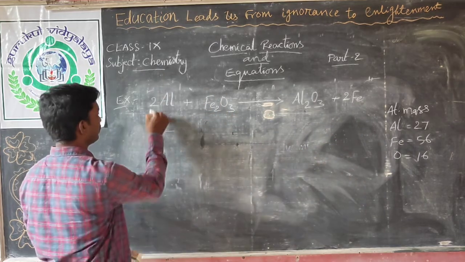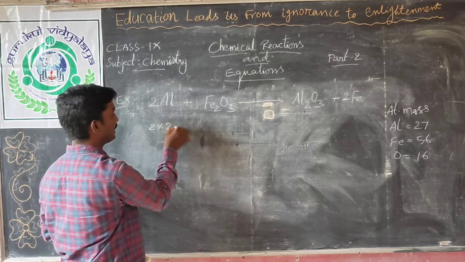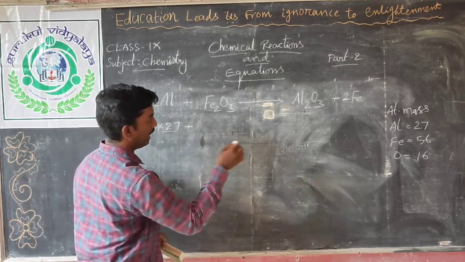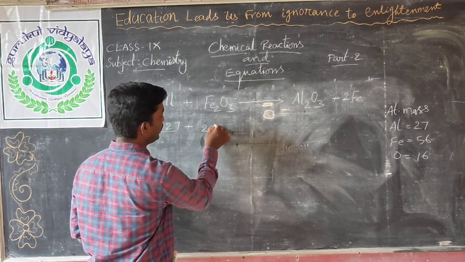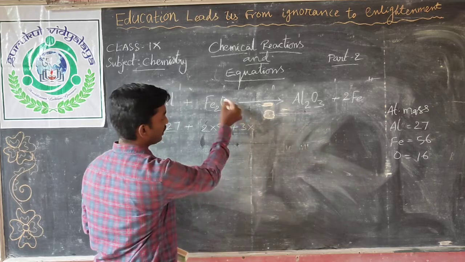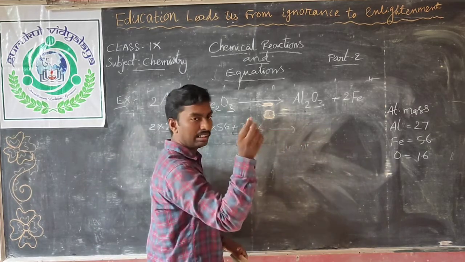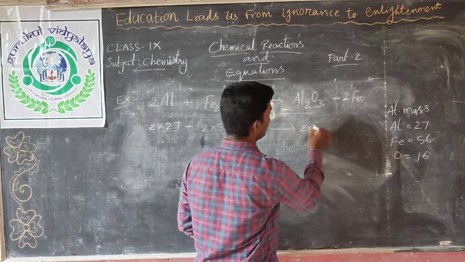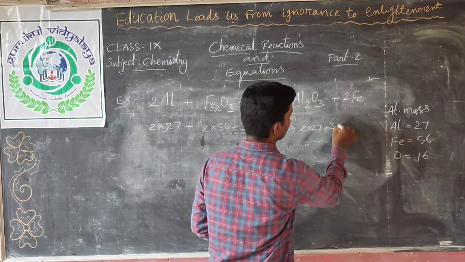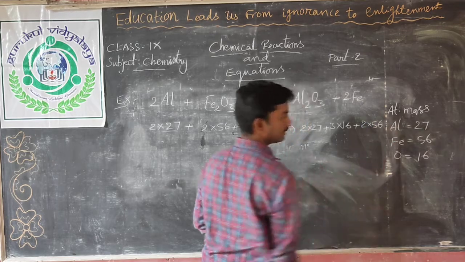To calculate that, we write 2 into 27 for aluminum, plus 2 into 56 for iron, plus 3 into 16 for oxygen. So 2 into 27 plus 3 into 16 plus 2 into 56.